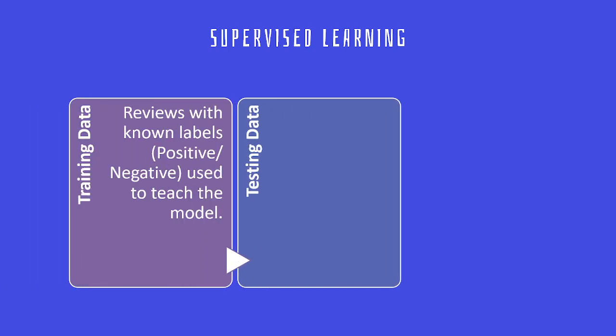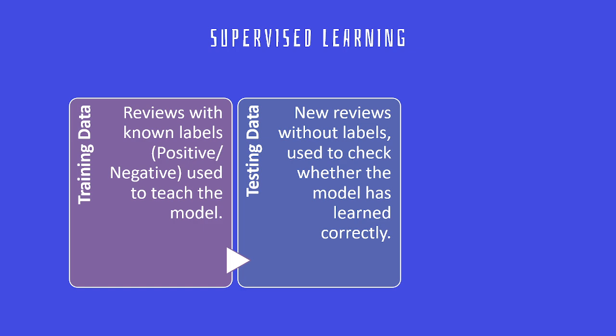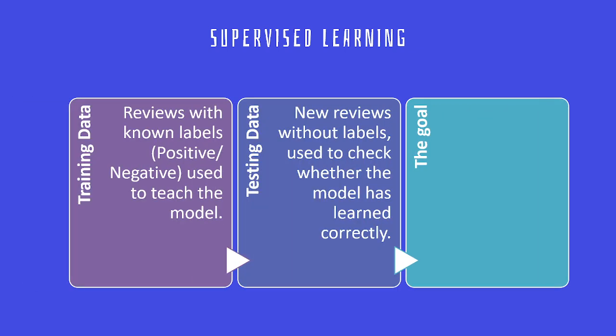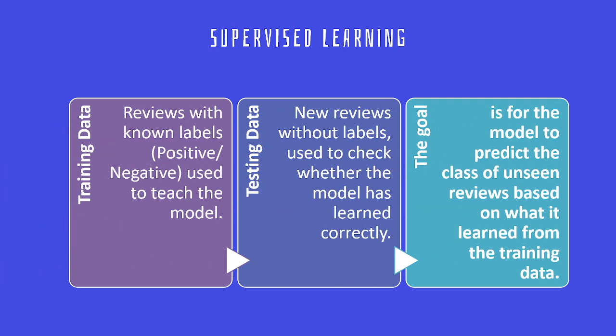Then we give the testing data: new reviews without labels, used to check whether the model has learned correctly or not. And finally, the goal. What was the goal? Prediction. The goal is for the model to predict the class of unseen reviews based on what it learned from the training data. So this is the core of the technical part of supervised machine learning.